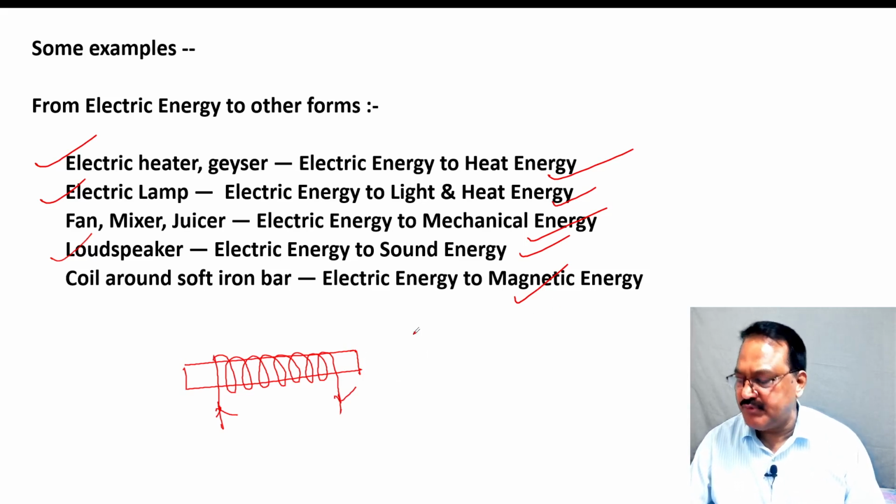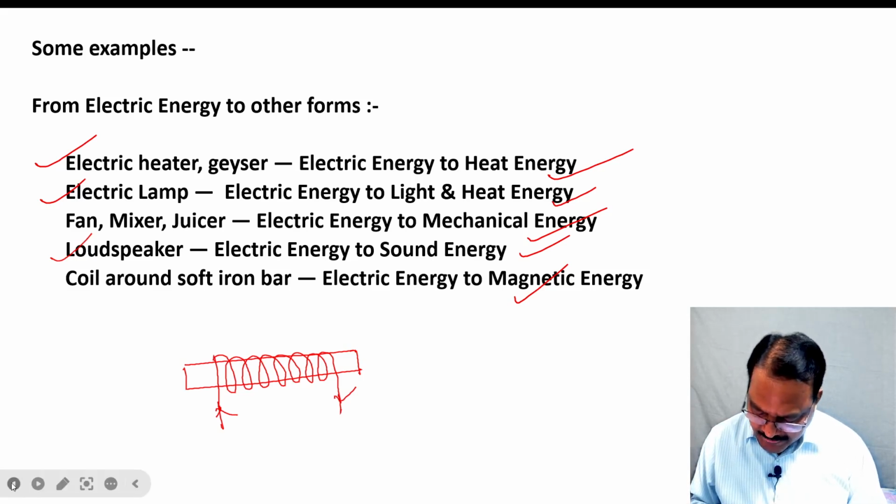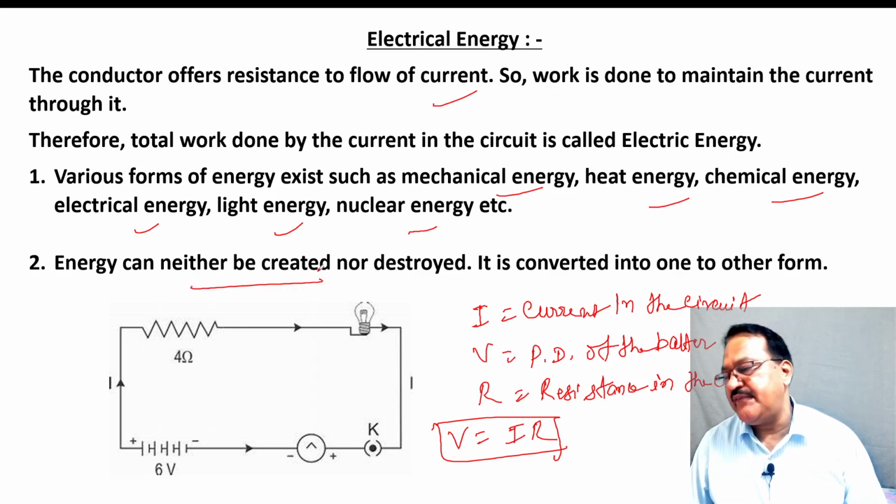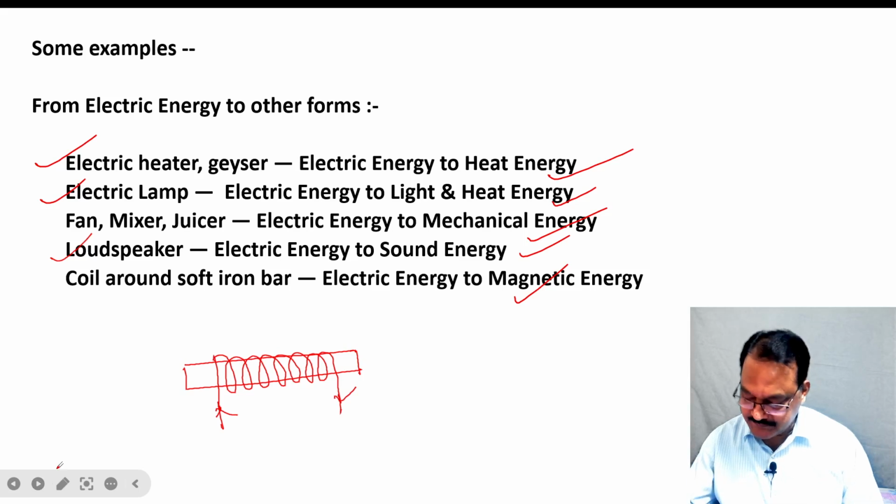So these are some examples where we have seen how one form of energy is converted to another. And most important, energy can neither be created nor destroyed. Very, very important. It can be converted to another form, but it can't be created or destroyed.